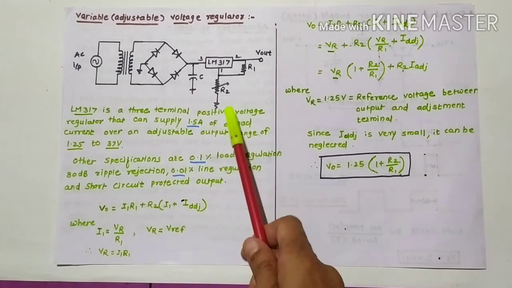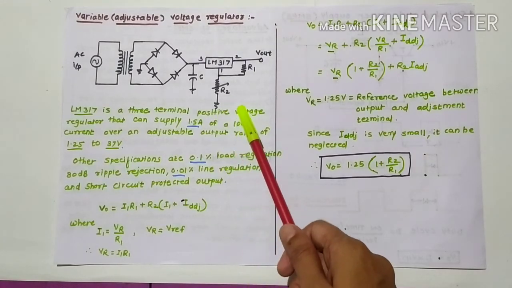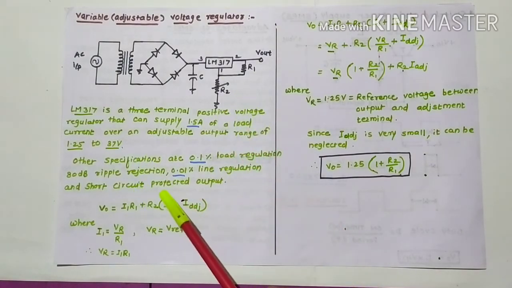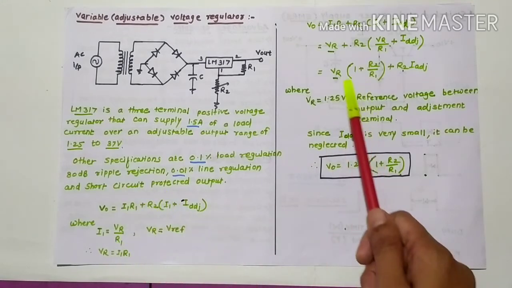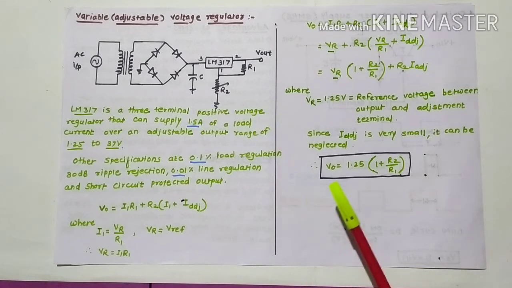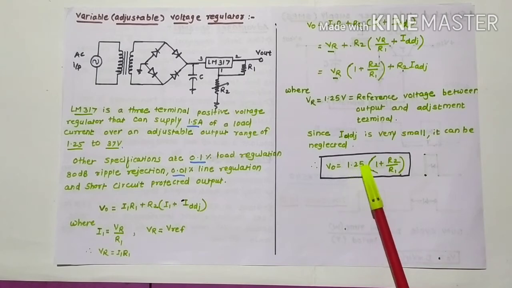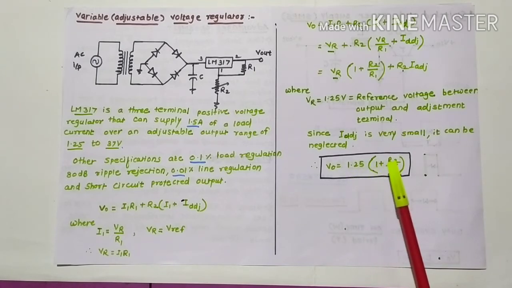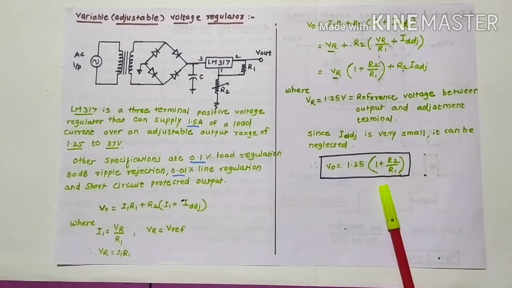With the help of this diagram, you will get a clear idea. In this revision of the LM317 voltage regulator, you have to remember the formula V0 is equal to 1.25 into bracket 1 plus R2 upon R1. Okay students? So remember this formula for the next problem.